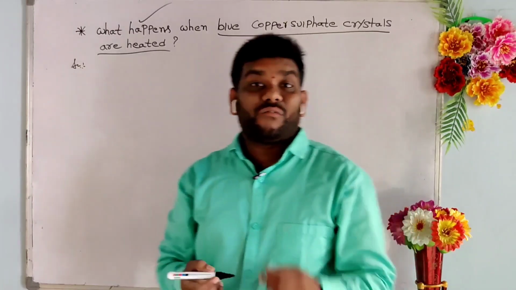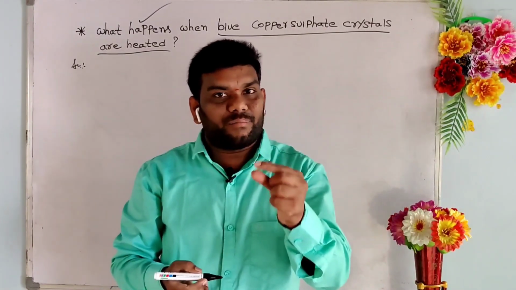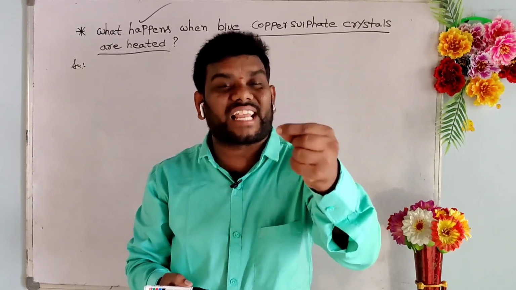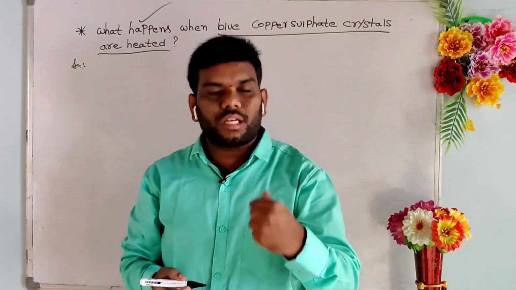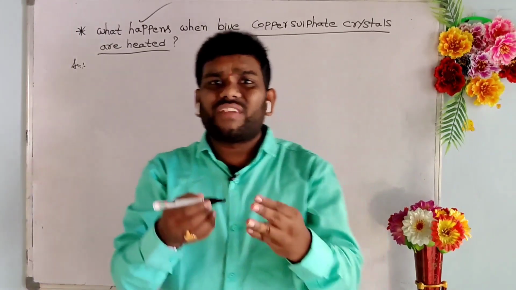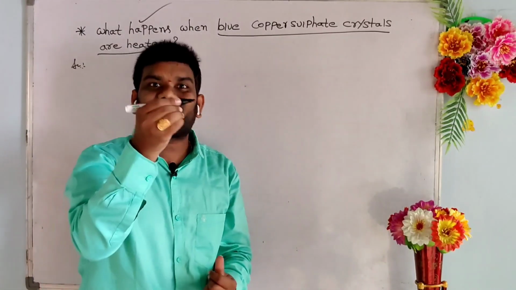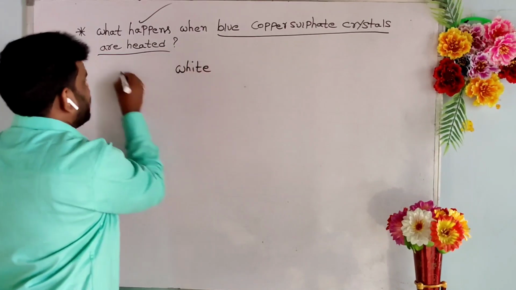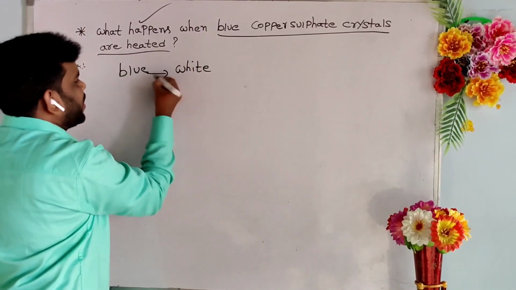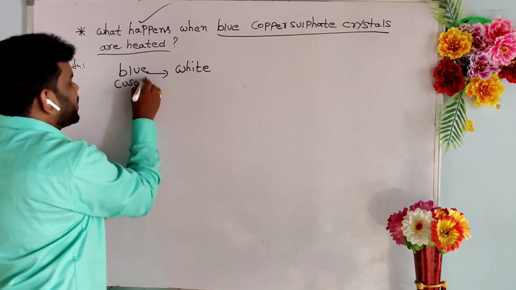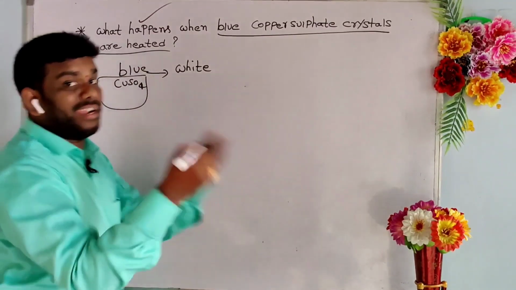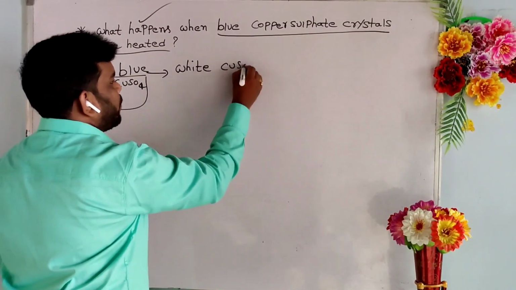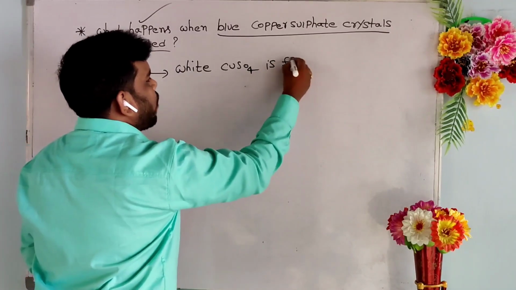Yeah, when blue copper sulfate crystals are heated, then immediately it will change, yeah, white color copper sulfate is formed. Yeah, what is that? White color. ఎప్పుడైతే నువ్వు బ్లూ కలర్ ఉన్నటువంటి కాపర్ సల్ఫేట్ CuSO4 heated, then immediately ఈ white color copper sulfate is formed.